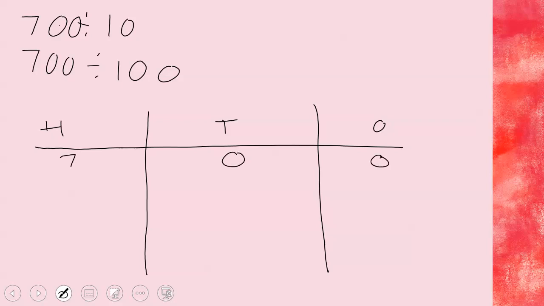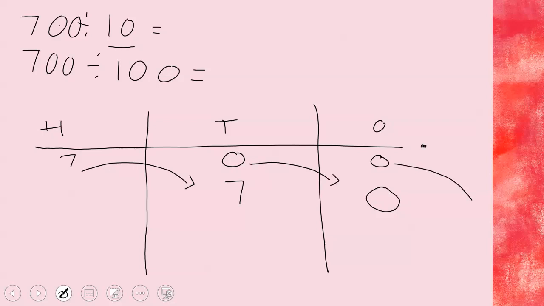To divide it by 10, everything needs to move one place value to the right because everything is getting 10 times smaller. Got 1 0 in 10, everything is getting 10 times smaller. So my 7 needs to move to here. This 0 needs to move to here. And of course, this 0 would move after my decimal point into my tenths. But if I don't have anything after the decimal point, I don't really need to write it down. So my answer would just be 70.